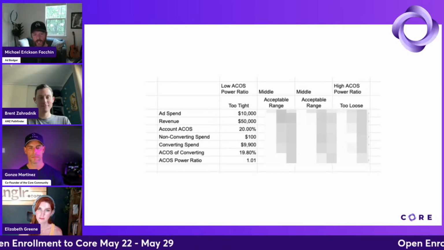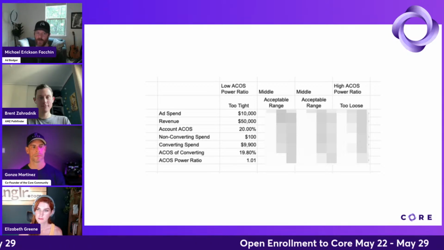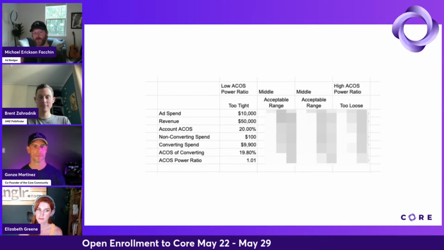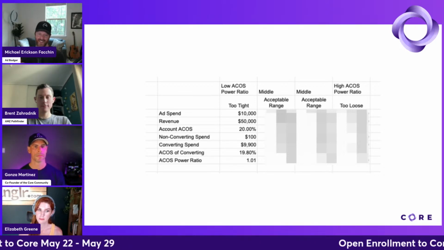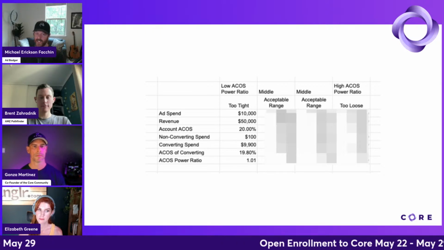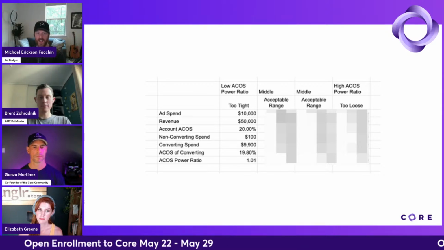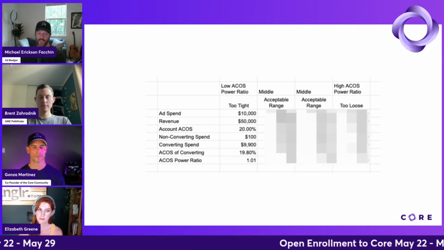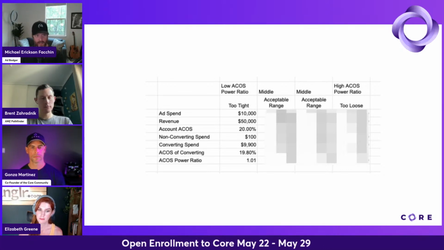So let's take a look at the too tight scenario. The too tight scenario is where you might spend $10,000. You might have $50,000 of revenue, and your account level ACOS is 20%. And you might have almost no non-converting spend. This could never happen, but imagine you only had $100 of non-converting spend, which means of your $10,000 budget, $9,900 went towards things that converted.